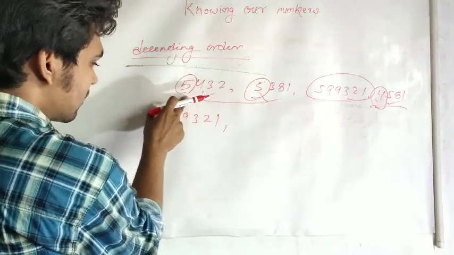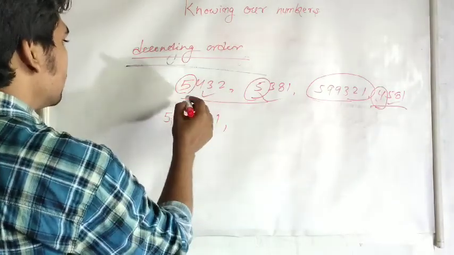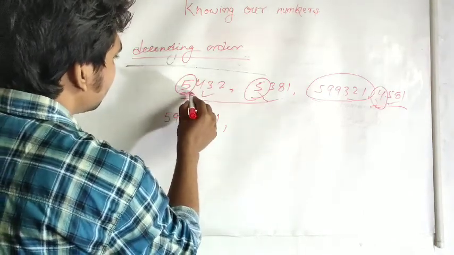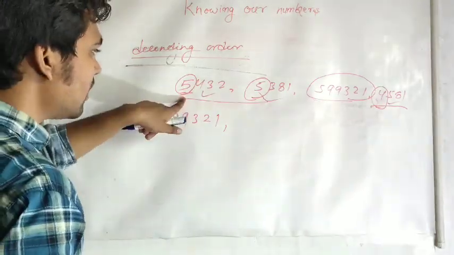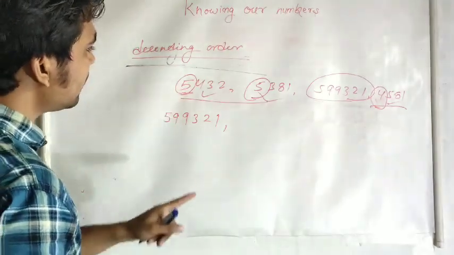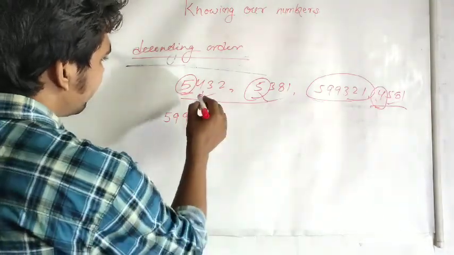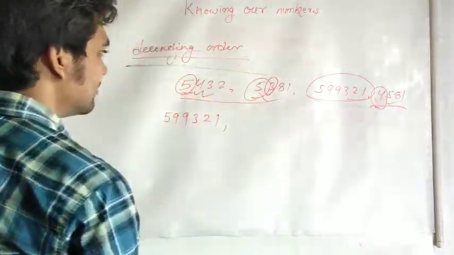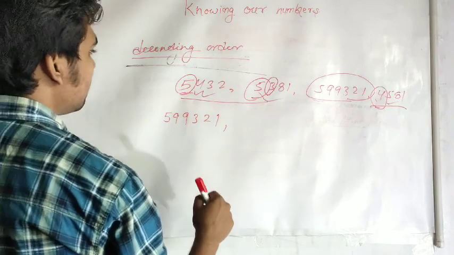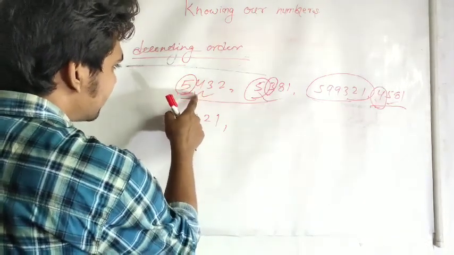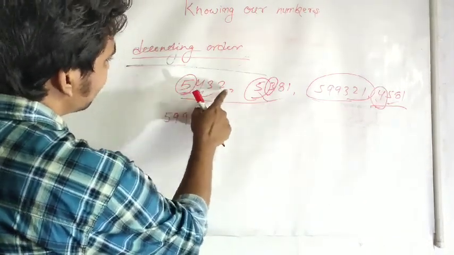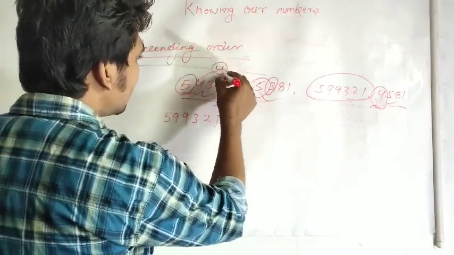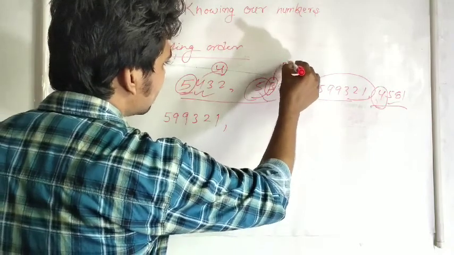But here is the question: when the digits, the place value and the face value are equal, then we will move forward from the right side and compare the third place digit. So here we found that at the 100th place, or third place from the right side, 4 is here and here is 3.